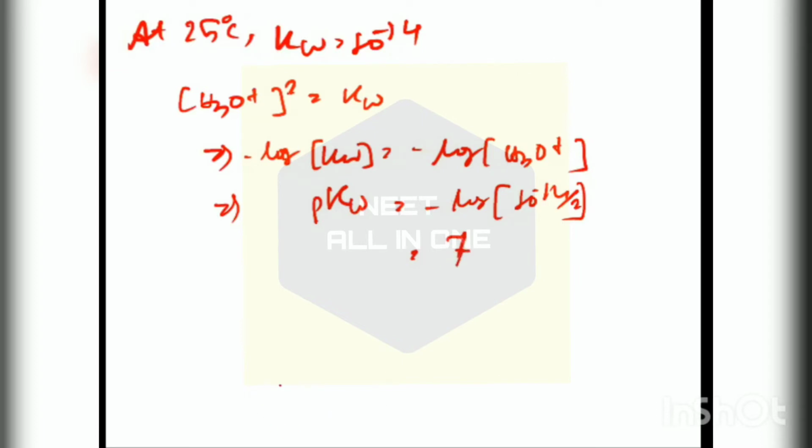Now there's a trick that you can always apply: if they give you a value of Kw, that is any value, 10 to the power minus 16 or 10 to the power minus 6, they can give you any value, and they ask you what will be the pKw at any temperature, you just have to halve this power, and that will be our pKw. Okay, so that's the trick here.